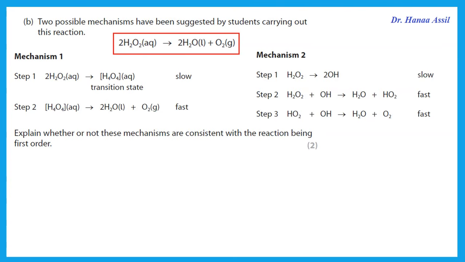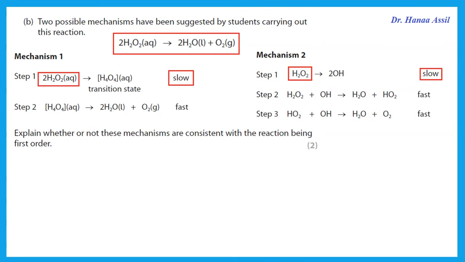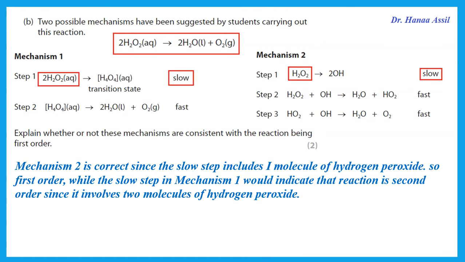If we need it first order, that means we need the H2O2 to be just one molecule or 1 mole in the slow step. Mechanism 1 obviously is wrong, because according to mechanism 1, the slow step has 2 molecules of H2O2, and that means it should be second order, not first order. So mechanism 2 is the one that's correct, because the slow step involves only 1 molecule of H2O2.